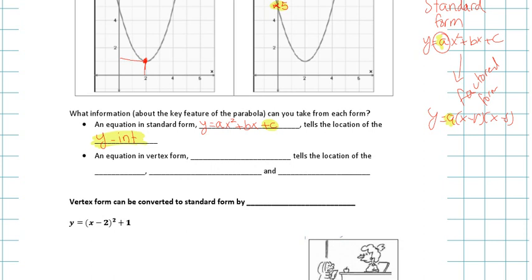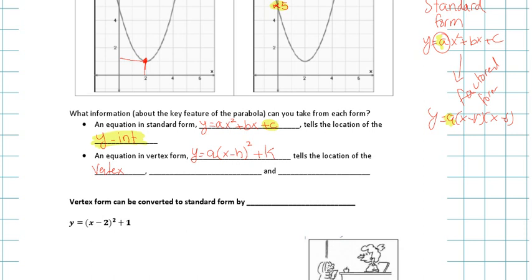An equation in vertex form. What's the vertex form? Y equals... What does it tell me? The location of the vertex. What else?